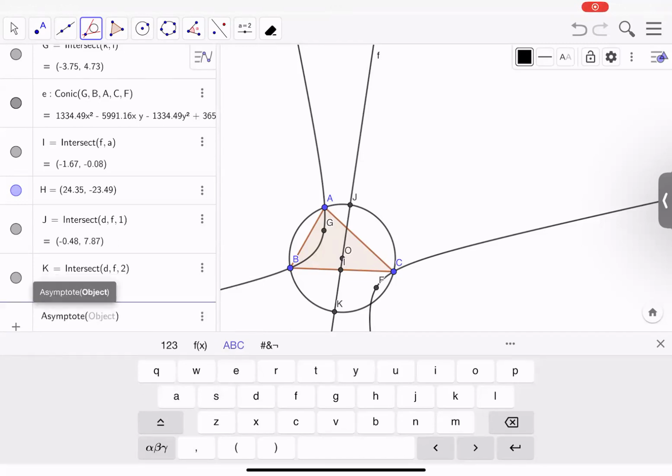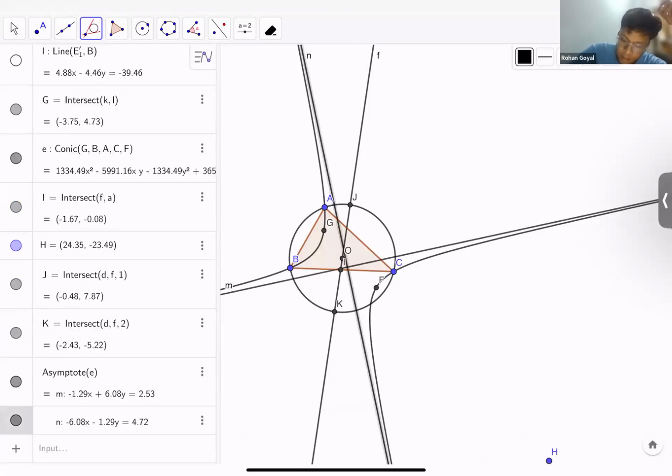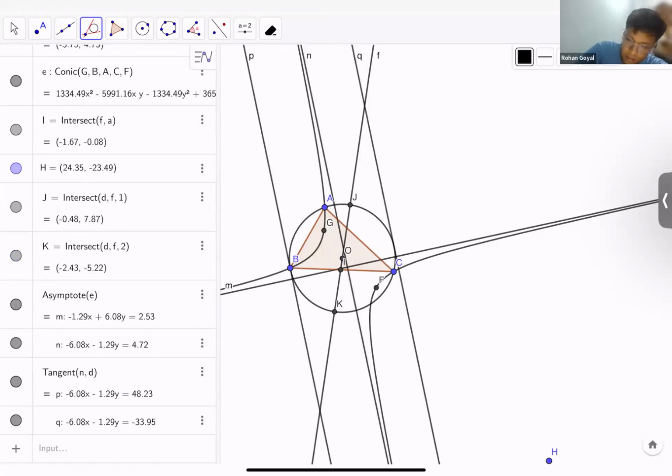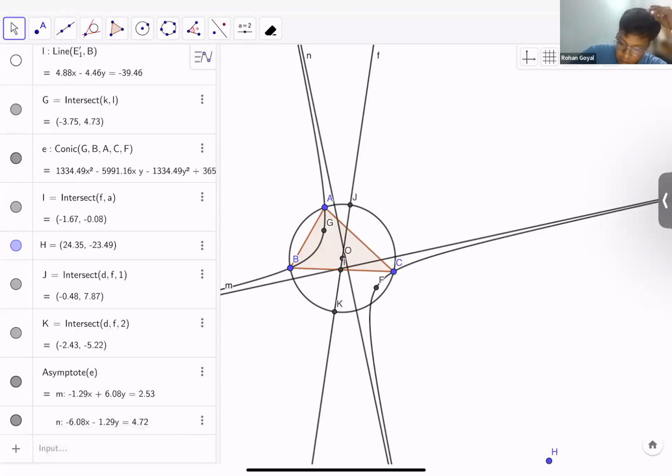The angle is 90. So the points at infinity along these 2 lines that I just drew, along this line and along this line. It's clearly 90 because of isogonal conjugates, this reflection across the angle bisector.